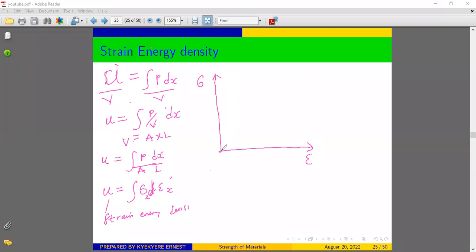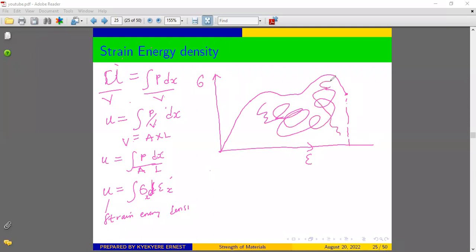And we are saying that for a ductile material, the stress strain curve looks like this, and failure occurs at this point. And everything under this curve is the strain energy. The area under the curve is the strain energy.